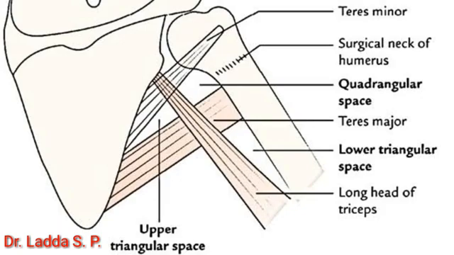If I consider the first space, the quadrangular space, look carefully. The quadrangular space is superiorly bounded by the muscle teres minor. It is inferiorly bounded by its sister, teres major.